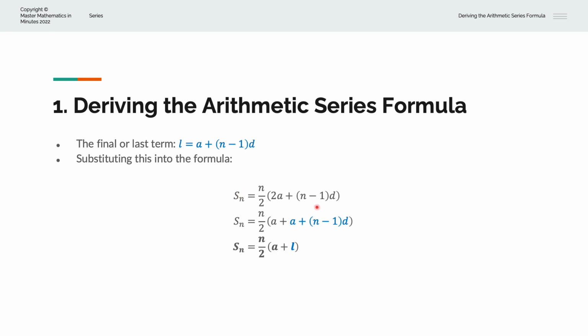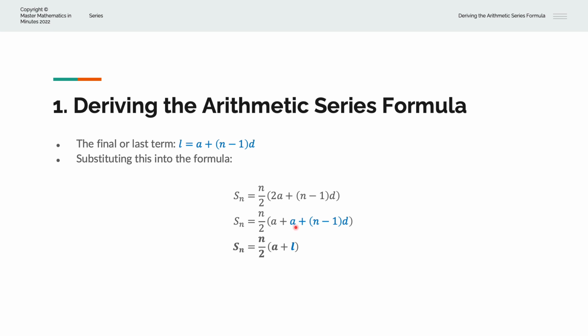The first line is identical to what we saw earlier. Sn is equal to n over 2 into 2a plus (n minus 1) into d. We're able to split the 2a out as a plus a, and all of the other terms remain the same.